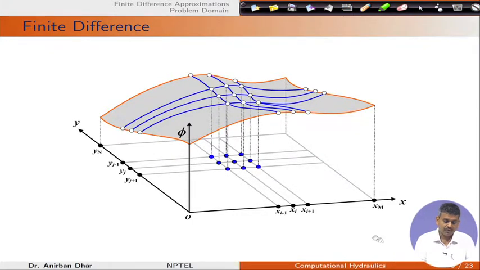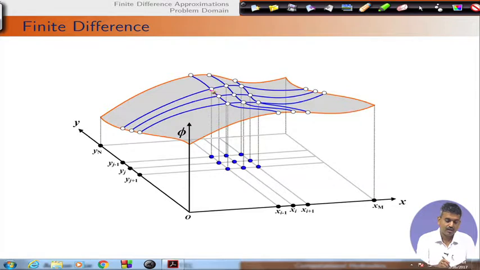So, for these internal points, if we extend it to the surface, we will get corresponding function values. Obviously, these function values are at discrete points, and at intermediate points we do not have information.